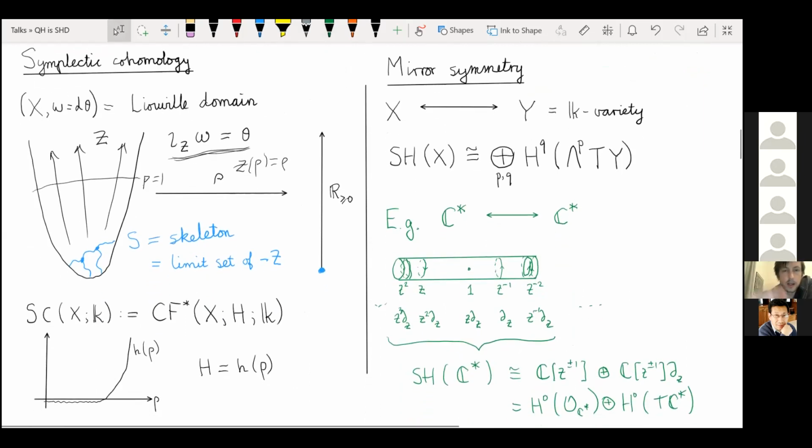Okay. The other player in our story is symplectic cohomology. This is an invariant of a Liouville domain.